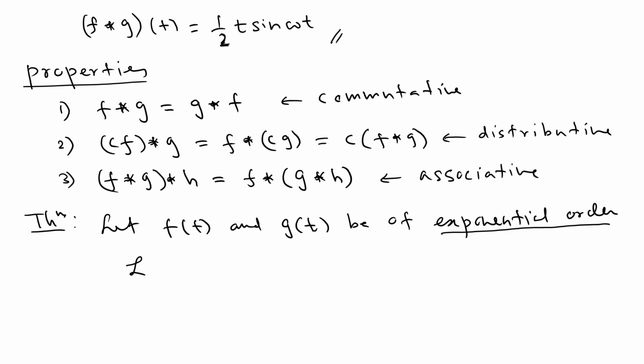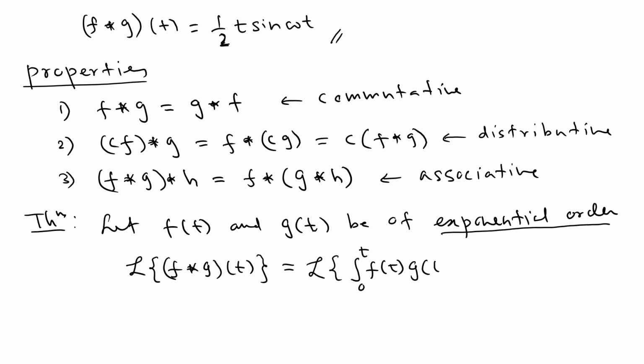Then the Laplace transform of the convolution product f star g. If you try to take the Laplace transform of the convolution product, what's going to happen? It is the Laplace transform of the integral from 0 to t of f(tau) g(t minus tau), it doesn't matter which one.